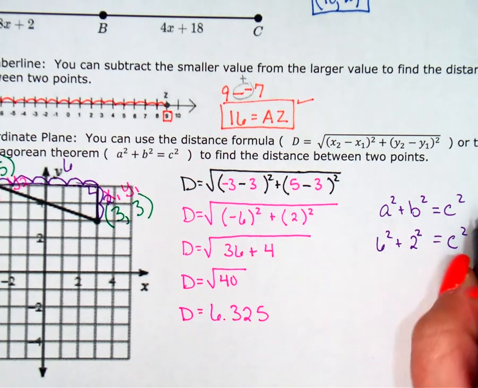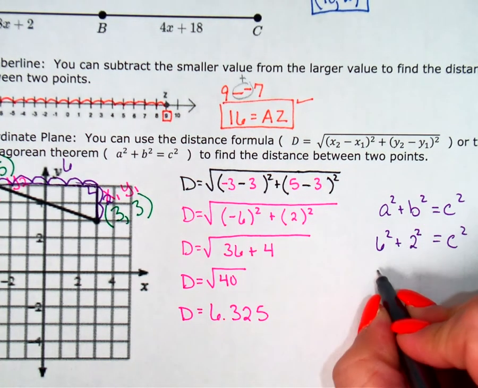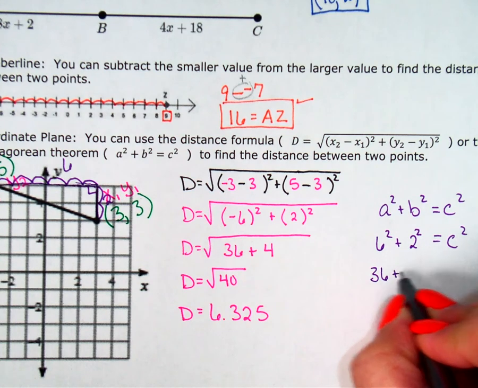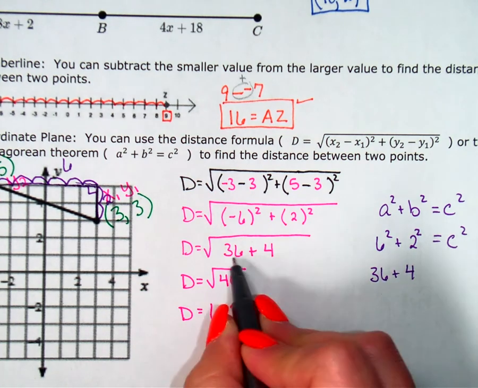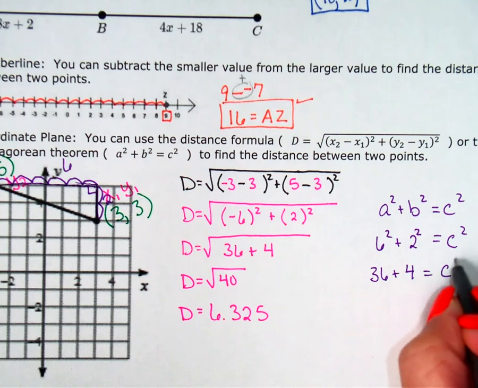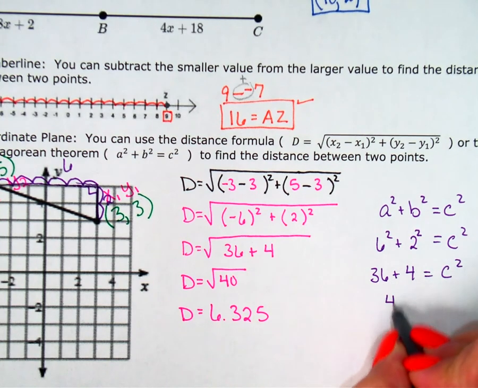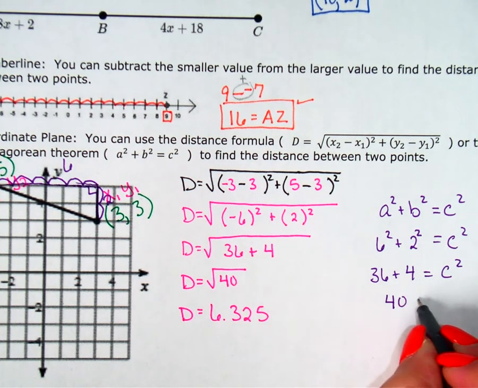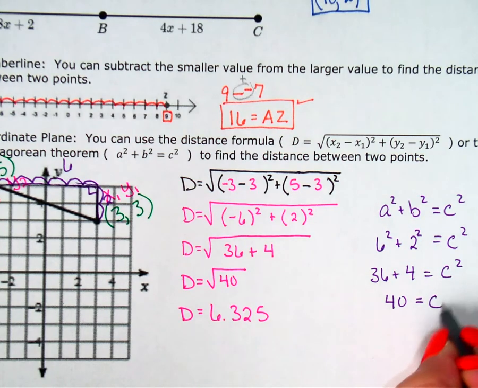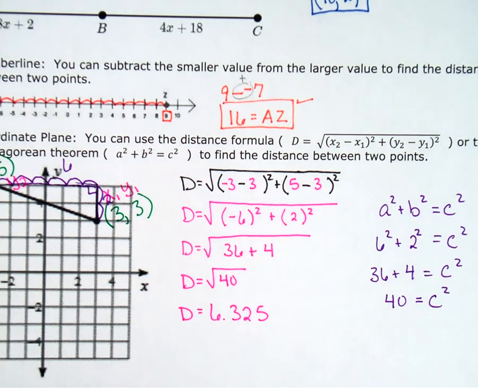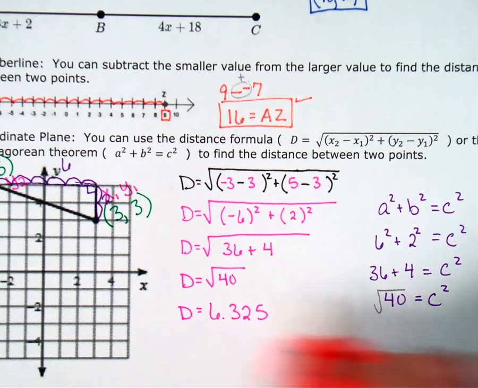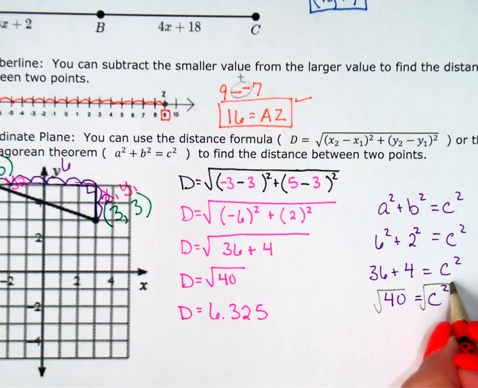Equals c squared. 6 squared is 36, plus 2 squared is 4. Look, that's what I have there. Equals c squared. 36 plus 4 is 40, which is what I have there. Equals c squared. To get rid of the square, we square root, which is what I have there.